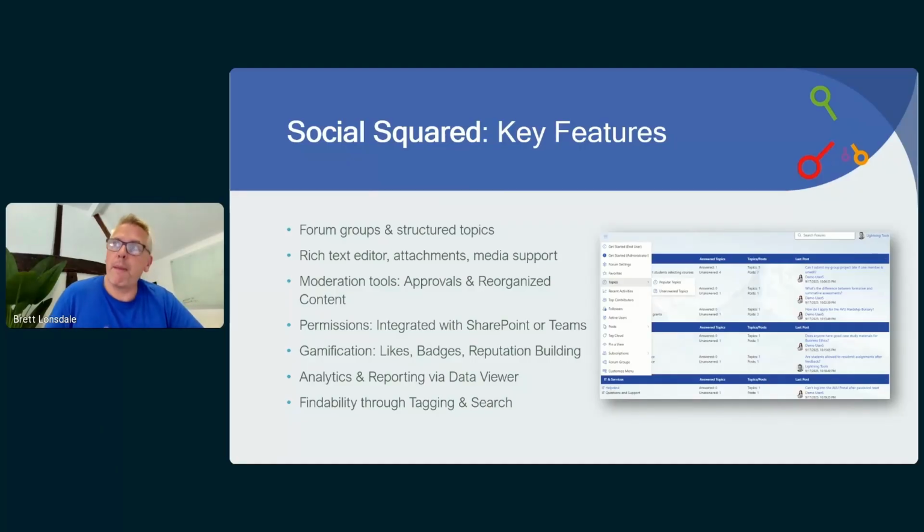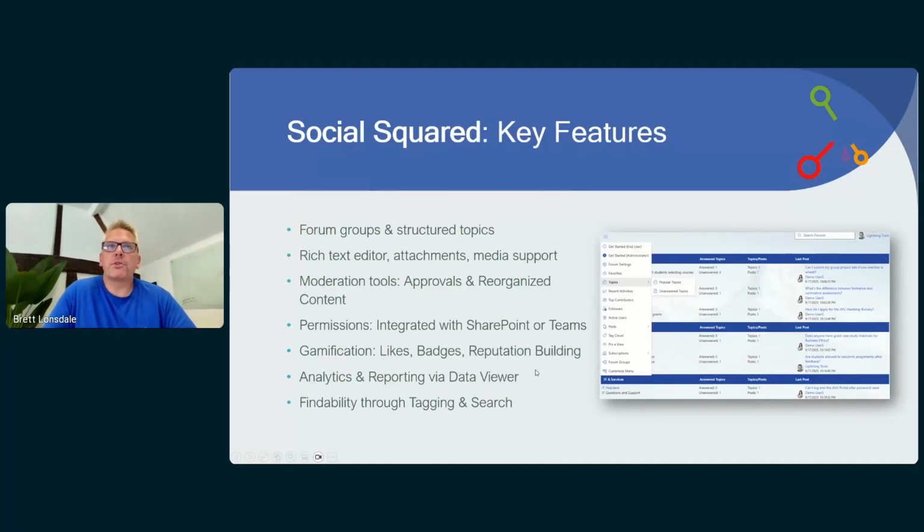So anybody with a member permission, or anybody that's a member of a site or a team, for example, will have the edit permissions. They can go through and create a new topic. They can reply to different people's topics as well. Whereas somebody with just read permissions through the visitors group, they just get that read-only experience of Social Squared as well. So it can still go on and serve a purpose through somebody with just read permissions.